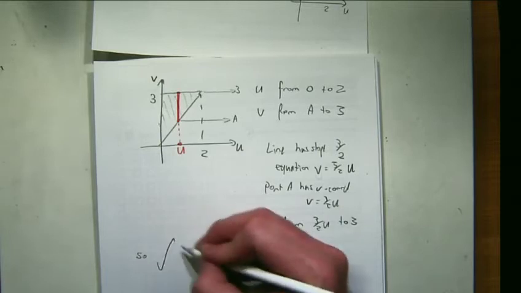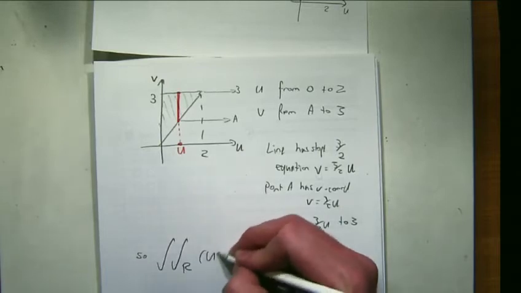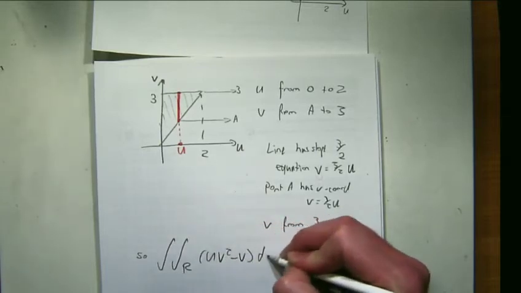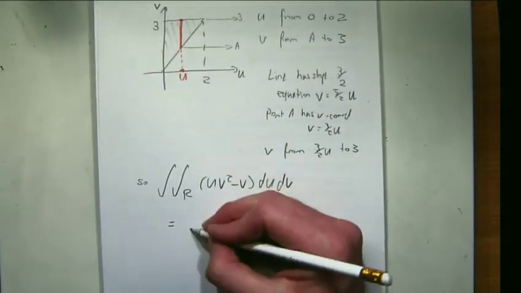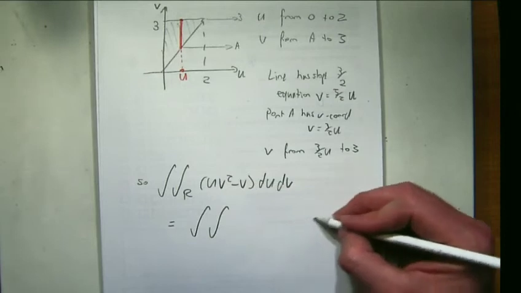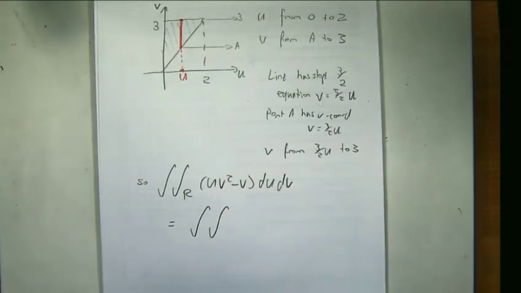So my integral is going to be, now let's see, I did u first, that means it's actually on the outside. So the one that doesn't involve any variables has to go on the furthest outside level.